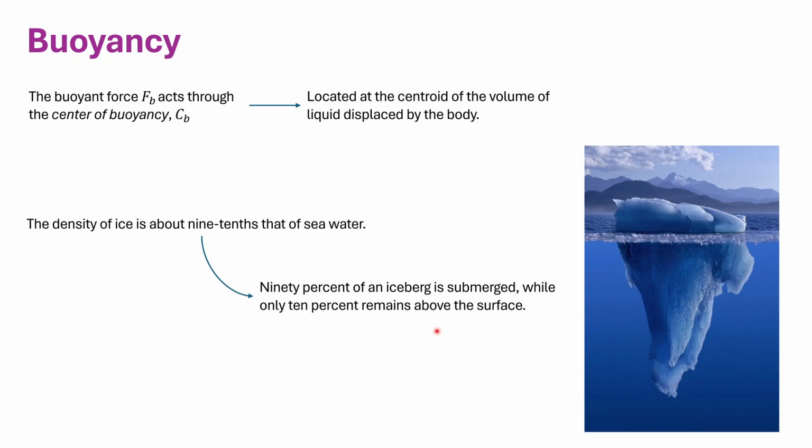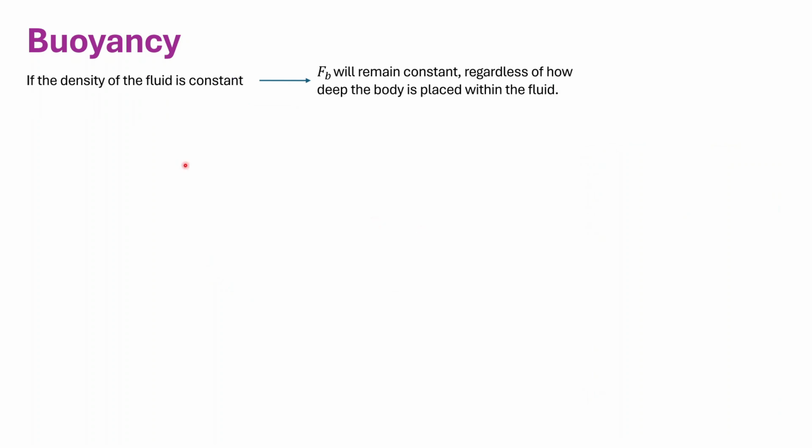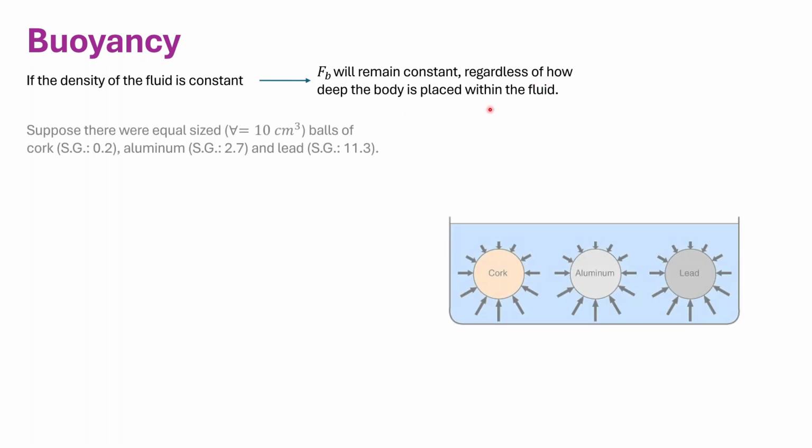Therefore, 90% of an iceberg is submerged, while only 10% remains above the surface. And if the density of the liquid is constant, then F sub B, the buoyant force, will remain constant, regardless of how deep the body is placed within the fluid.